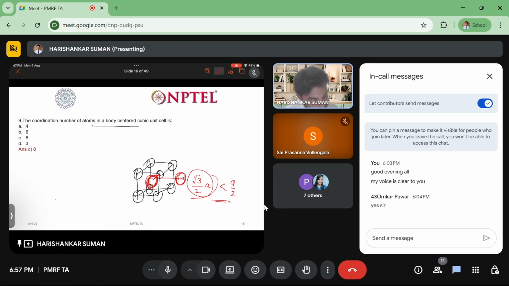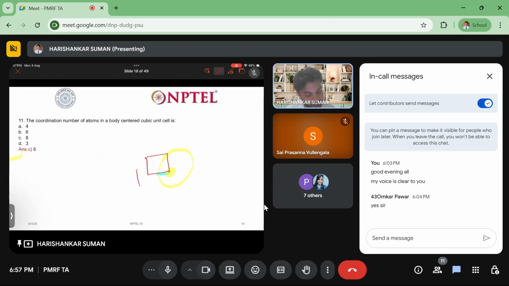So the corner atoms lie at this distance root 3A by 2, which gives the coordination of this body centered atom. Corner atoms will be touching this centered atom as first neighbors. So we have 8 corners, 1, 2, 3, 4, 5, 6, 7, 8. That's why the coordination number equals 8.